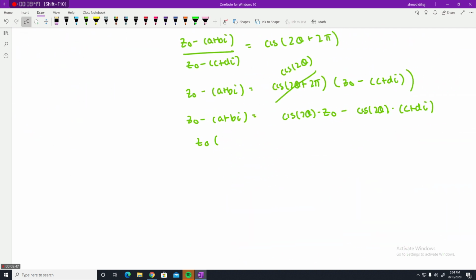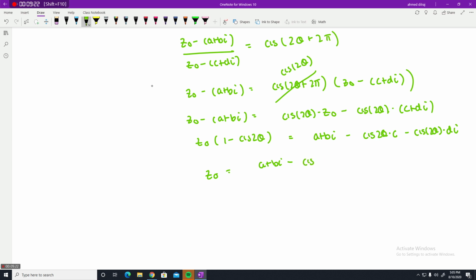So z0 times 1 minus cis of 2 theta is equal to a plus bi minus cis of 2 theta multiplied by c minus cis of 2 theta multiplied by di. Now I'm going to divide both sides by 1 minus cis of 2 theta.